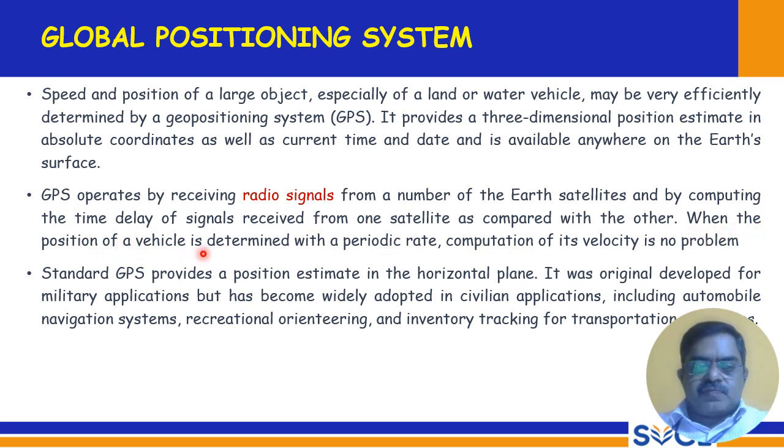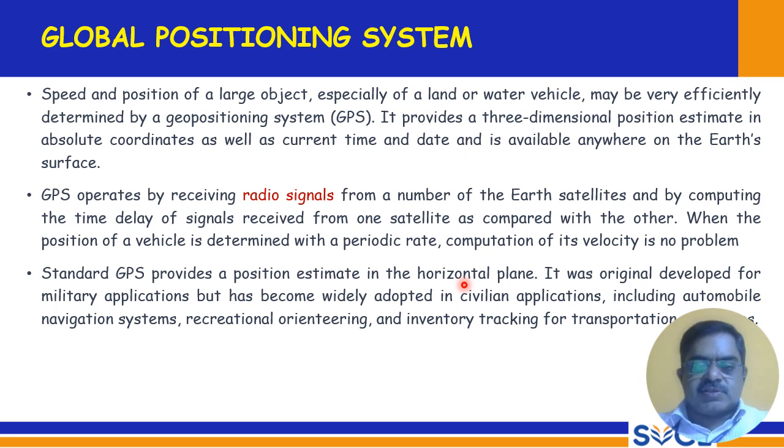When the position of a vehicle is determined at a periodic rate, computation of its velocity is very simple. Standard GPS provides a position estimate in a horizontal plane, so it works on a horizontal plane and flat locality.